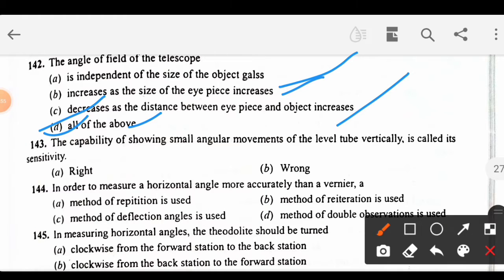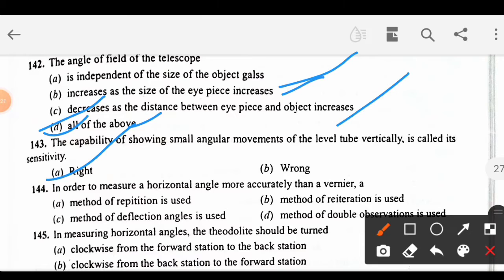उसके बाद देखो, the capability of showing small angular movements of the level tube vertically is called its sensitivity. It is right. In order to measure a horizontal angle more accurately than a vernier, method of repetition is used.